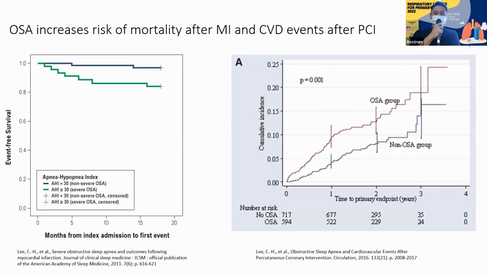The same author also discovered in another subsequent study that patients with OSA do far worse post-percutaneous coronary intervention, with higher major adverse cardiovascular events, which is a composite of cardiac death, non-fatal MI or stroke, and unplanned revascularization.